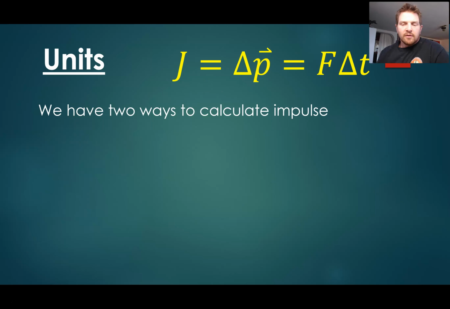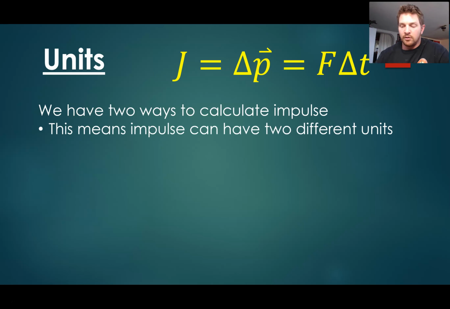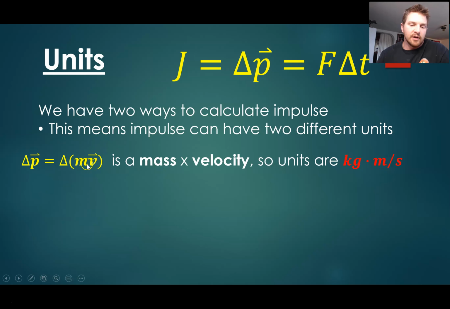The last little bit to cover would be units. If we want to talk about the units, there are two ways that we can calculate momentum and impulse. We have the regular momentum way, which is mass times velocity. That means our units are going to be units of mass, kilograms, times units of velocity, meters per second. So a kilogram meter per second.